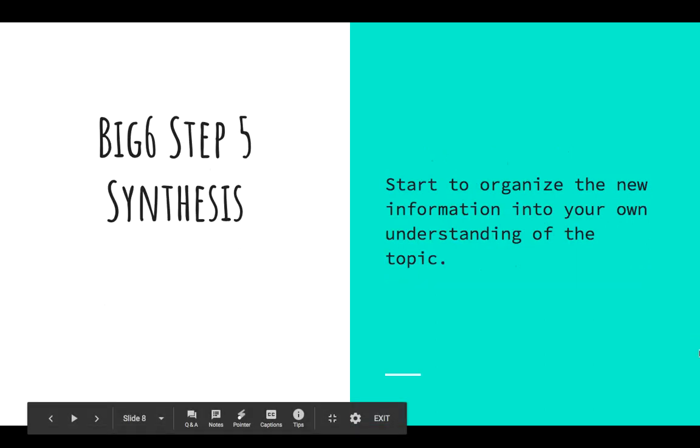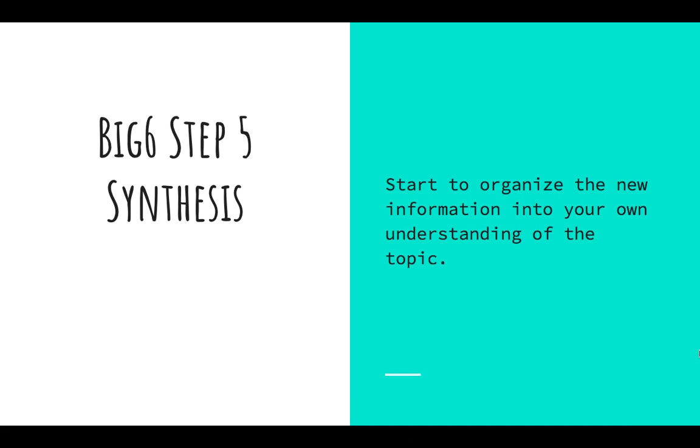Step 5 is where you get all of your information and start organizing it into your own understanding of your topic. You can organize by genre, or by subtopics. The example research question on the handout is why is the sky blue?